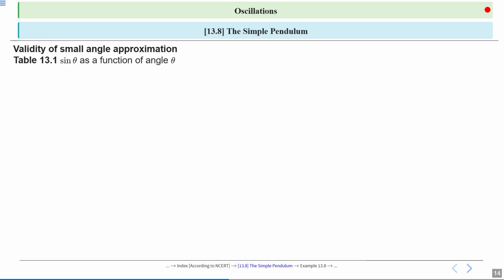So now let's look at table 13.1, which shows how the value of sin theta changes as the angle theta increases.